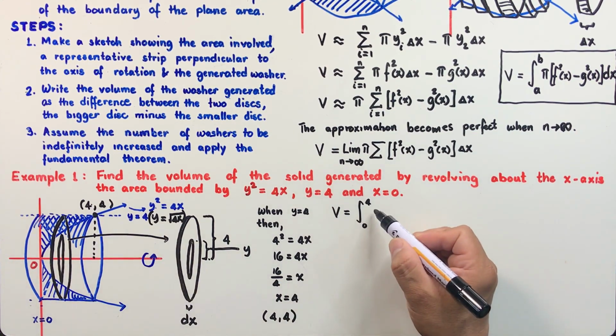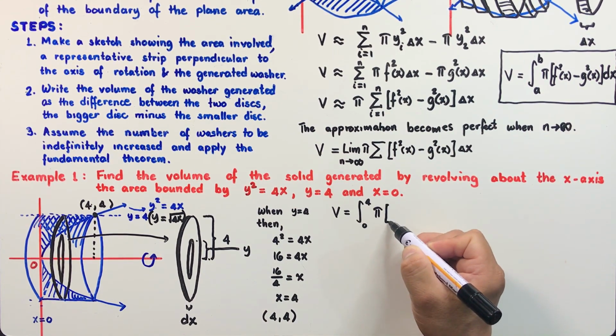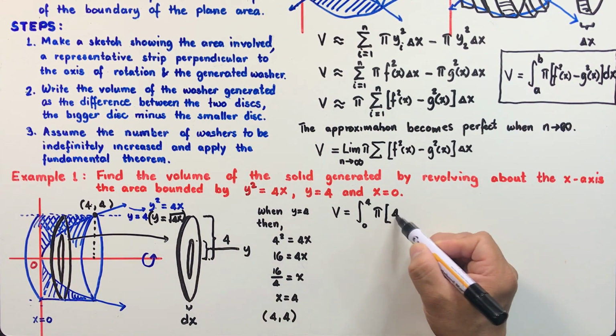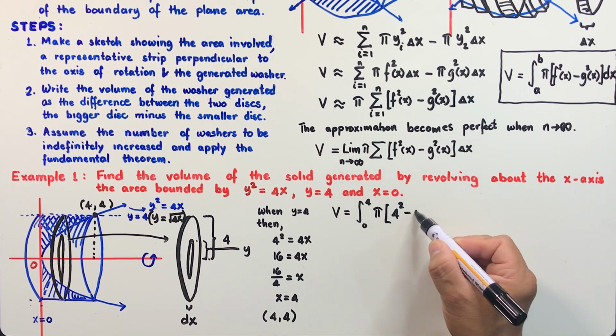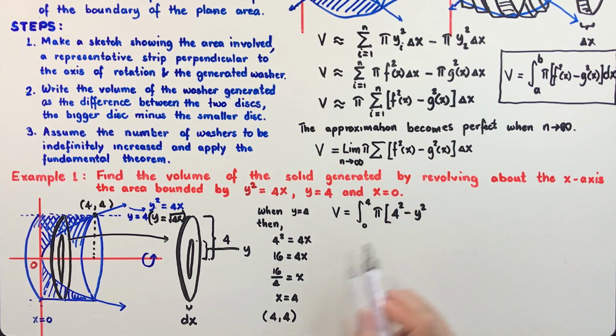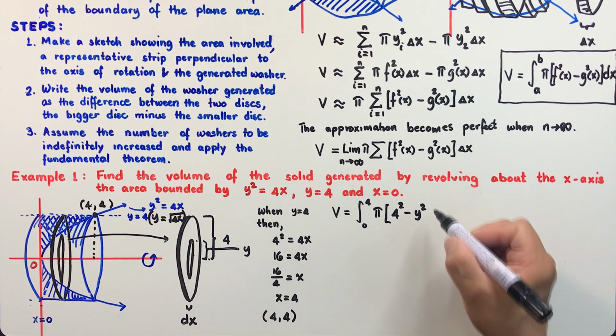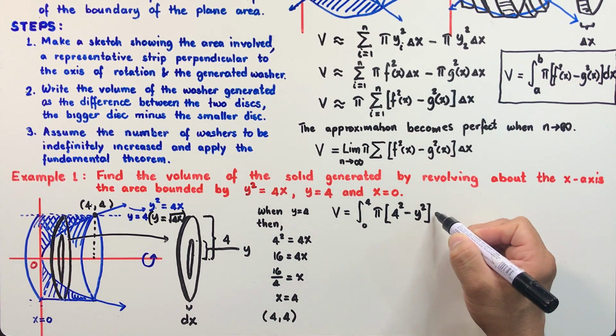So this is the integration of all the washers from 0 to 4, whose volume is pi times the square of the bigger disk, which is 4. So 4 squared minus y squared, because y is the radius of the smaller disk, which is hollow here, and this is multiplied by its thickness, which is dx.